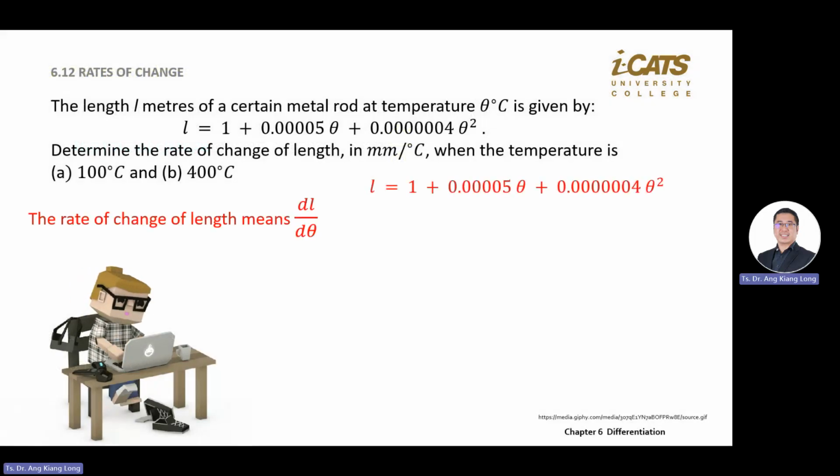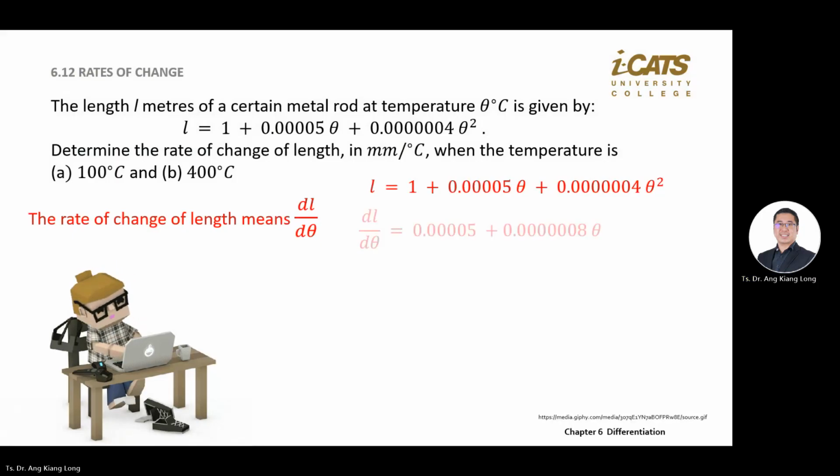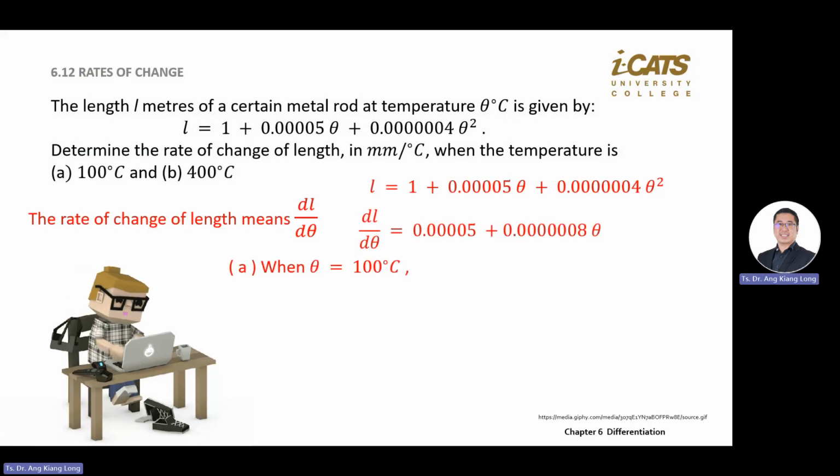The rest I'll let you read. So if you find a rate of change, you do dl dt, then do whatever you learned in the previous chapter. In this one it is the rate of change of length. In this case, you are given L and theta.